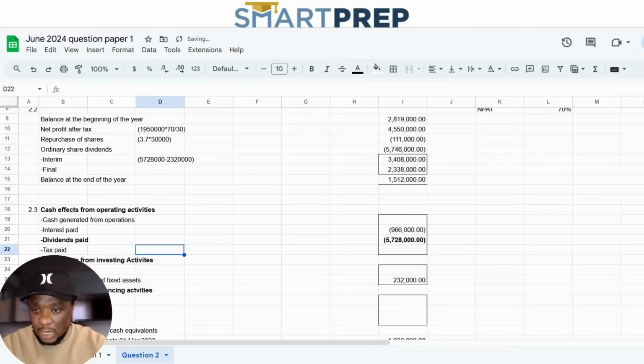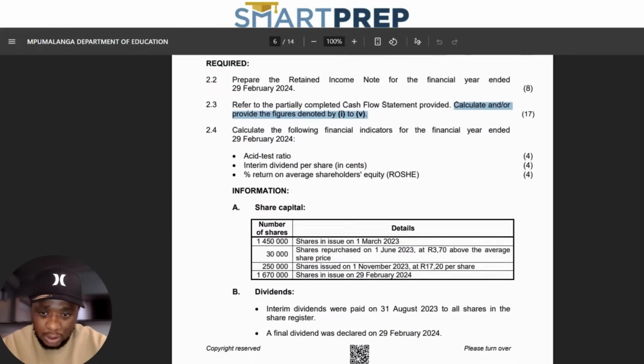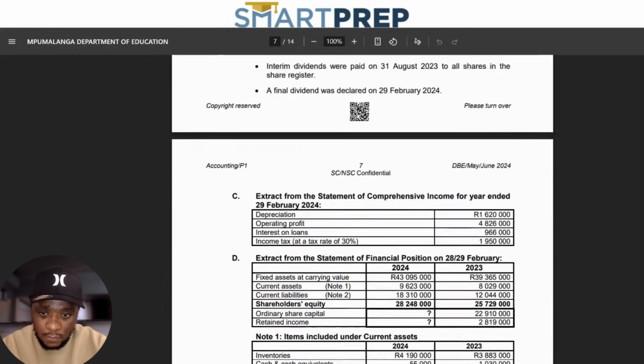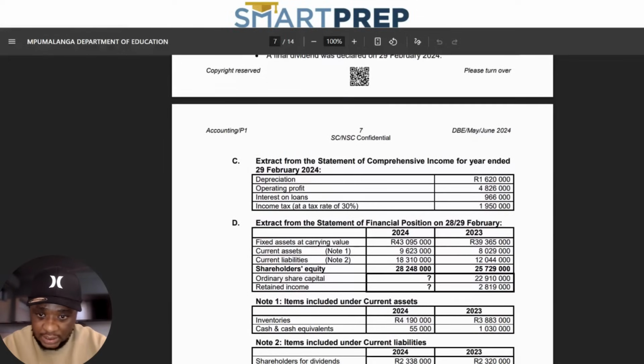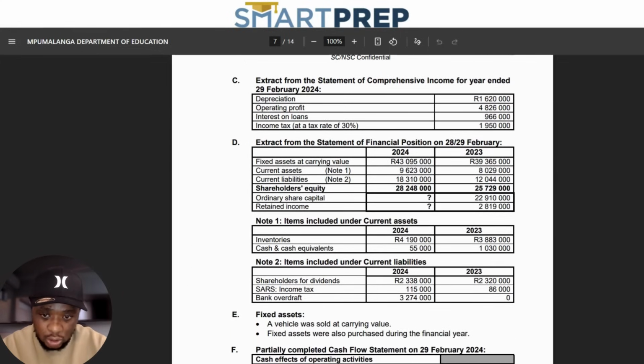Okay, now looking at the tax paid, let us look at the beginning of the year: was the tax owing to SARS or owing by SARS? So let's find taxation. We have our current liabilities and current assets, and then we get more information on those.